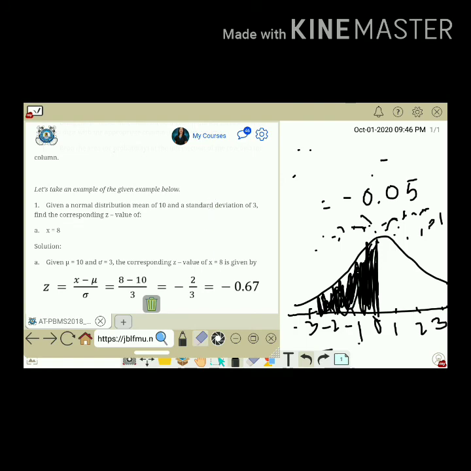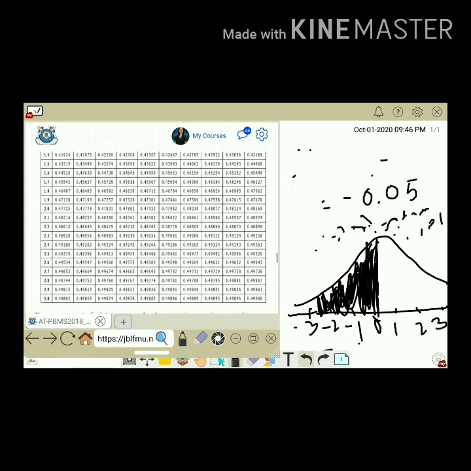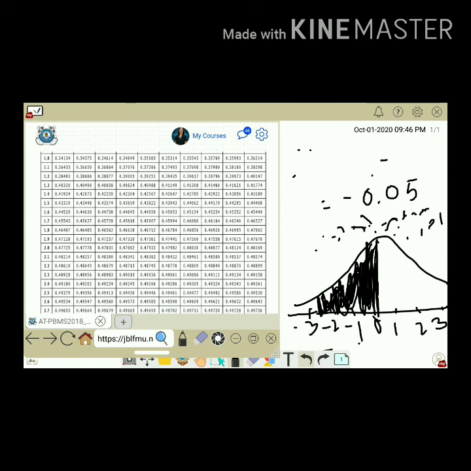So that area going to this part is, again, let's see, what's the area? This is the area. The area for this one is 0.49461. Okay, that is from the mean going to -2.55 only.